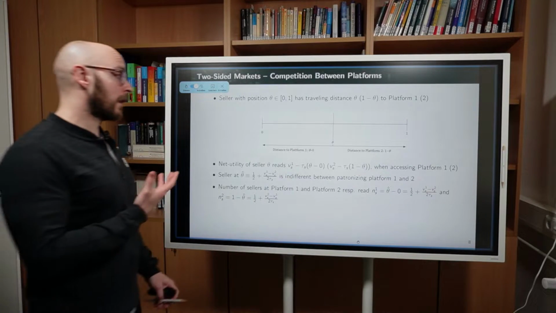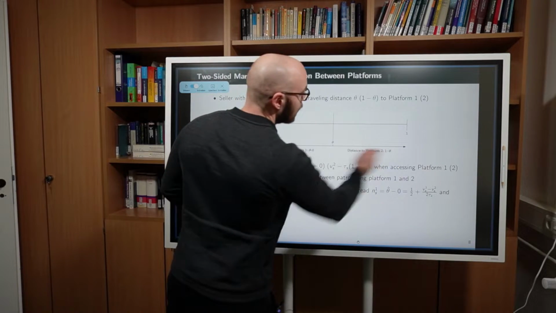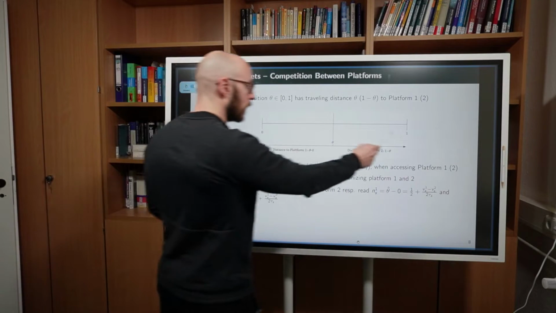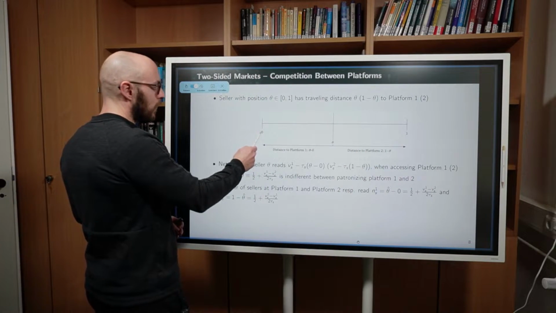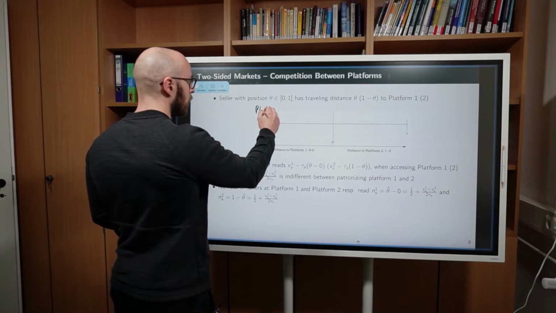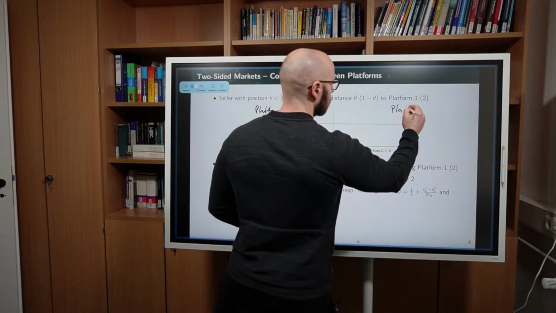So what does this idea look like? We have here the line that we have just assumed. There's a line from 0 to 1, and at 0 we have our platform 1, and at 1 we have our platform 2.